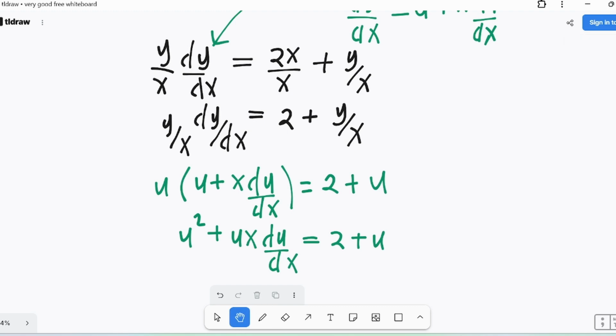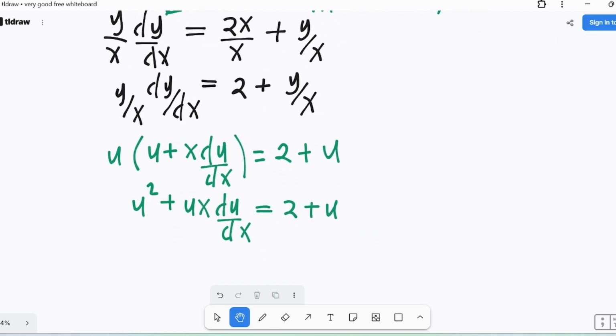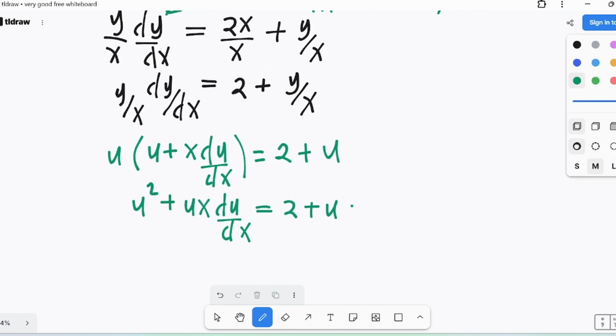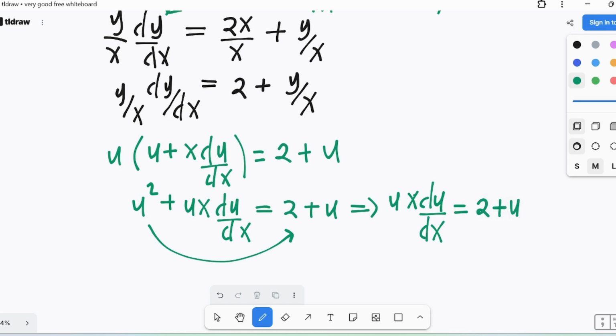Now we can simplify this by bringing u square this side, so we shall have ux du dx is equal to 2 plus u minus u square.